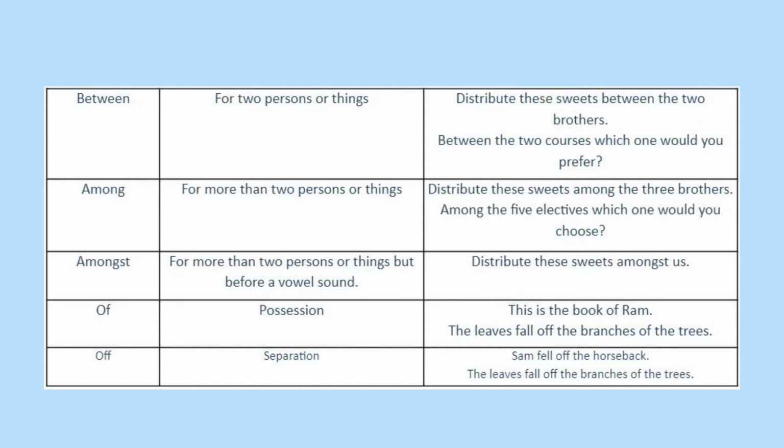Distribute these sweets between the two brothers. Here, the sweets are to be divided between the two brothers. The second example is, between the two courses, which one would you prefer? Here, between is used when we are talking about two different things.